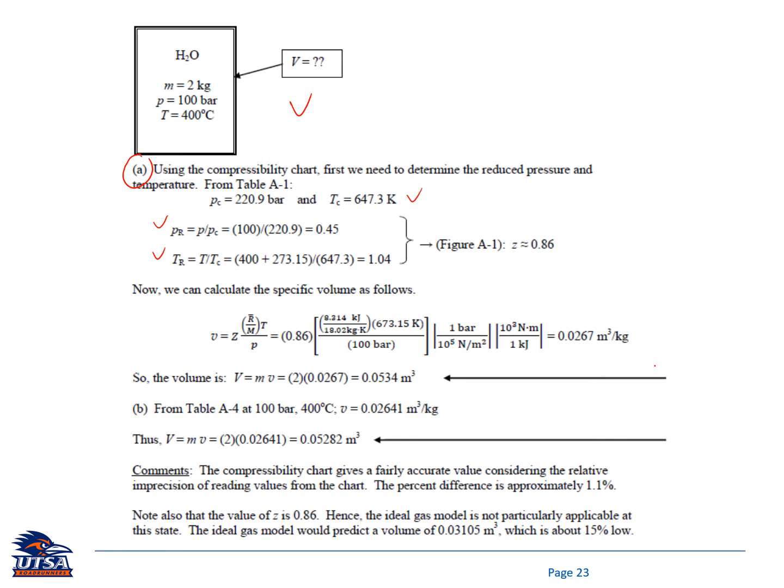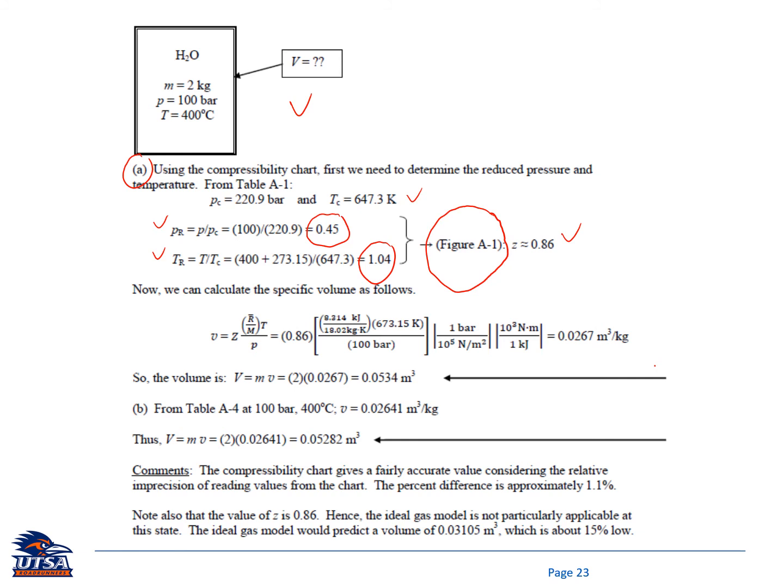So you have PR equal to 0.45 and TR equal to 1.05, and then go to figure A1 and estimate what Z is. This example shows Z equal to 0.86. Once again, you might have a different number close to 0.86. So try to be familiar with using this figure A1.